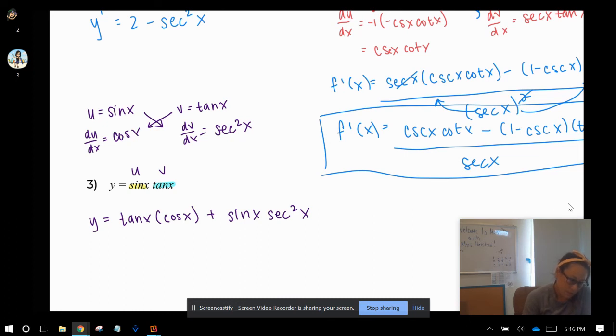And we can just do a little bit of simplifying, I suppose. So we get sine x over cosine x times cosine x plus sine x times 1 over cosine squared x. Those cancel, giving me y prime.